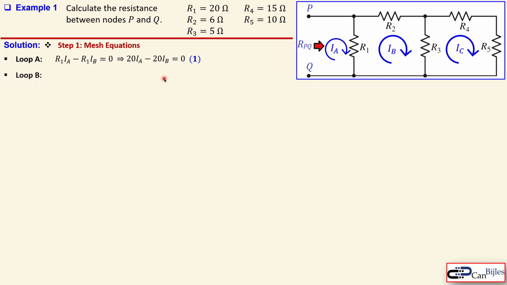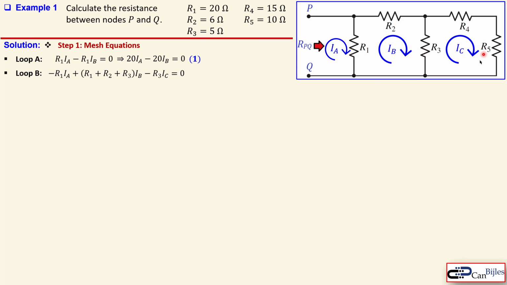For loop B we do similar. What we see is that now IB is our reference direction. Now the IA is fighting back. That means we have R1 times the minus of IA. But IB goes through R1, R2 and R3, so those are all positive in the parentheses, times IB.